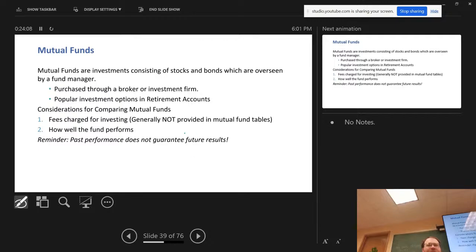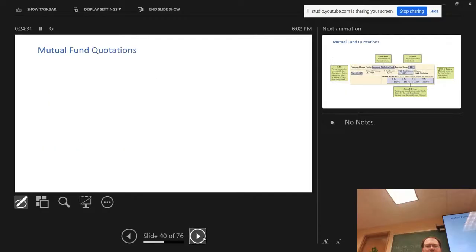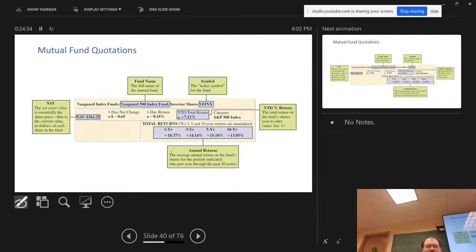Little fun fact for you, if you're looking at purchasing mutual funds, the stock symbols, if they end in an X, that's going to tell you it's a mutual fund. And again, they have their own rules here.